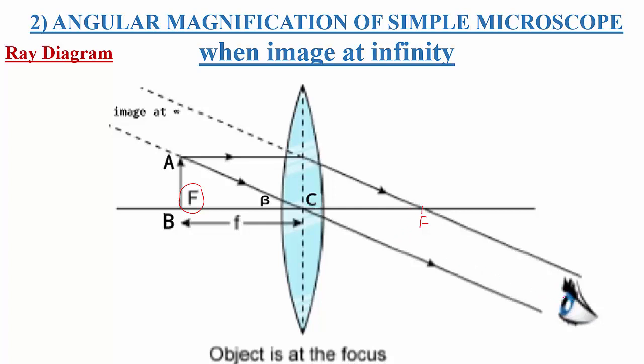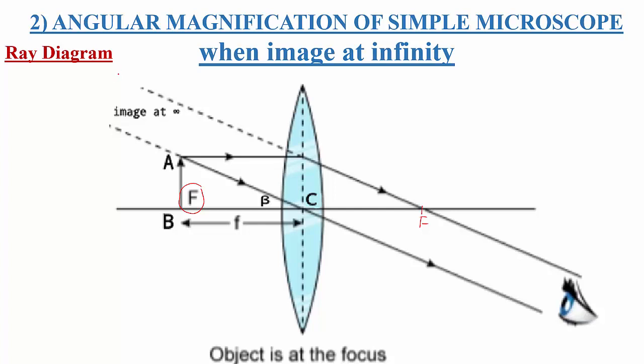Now the observer is observing these two refracted rays. For the observer, these two refracted rays appear to come from infinity. That means these two parallel rays may be converging at infinity, so that we will get the image at infinity.